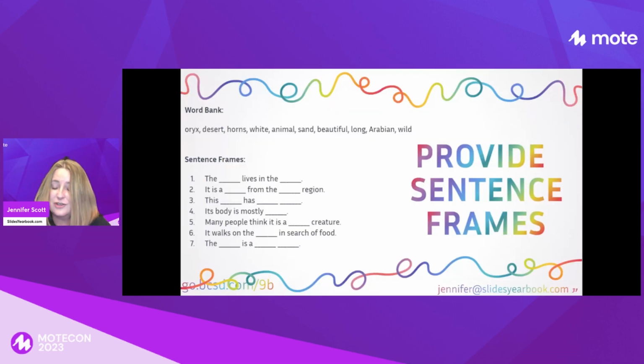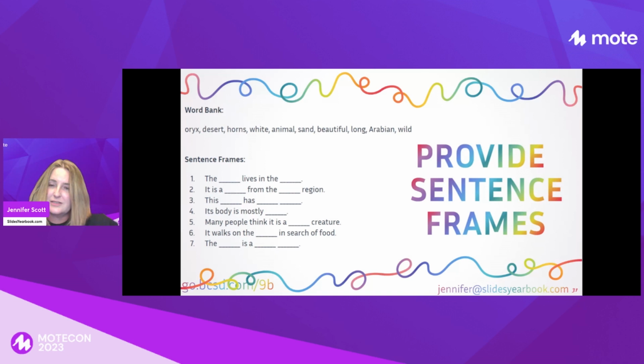Now, last year I had this student. He was absolutely amazing, and I have him back again this year. He always chose Mote when it came to sharing what he learned in our science class. And one thing that I learned from him was the importance of using sentence frames.